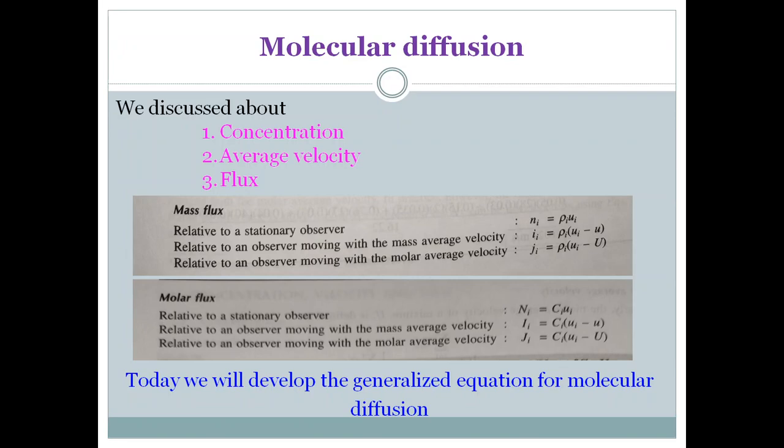Then we have seen average velocities. There are three: volume average velocity, molar average velocity, mass average velocity, and we have seen that molar average velocity is equal to volume average velocity.